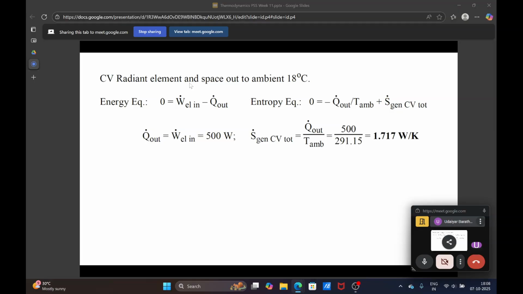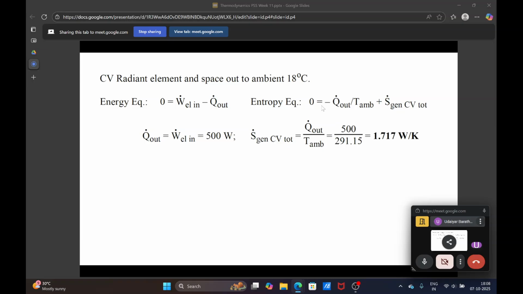If you do an energy balance encompassing both the space and the radiating element, then electrical energy is coming in, which is the heat which is radiated out.